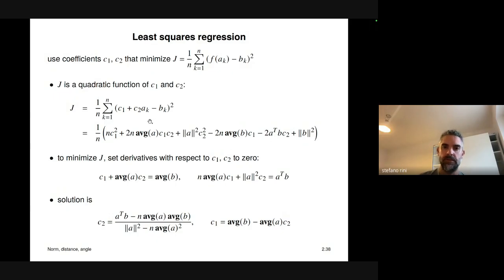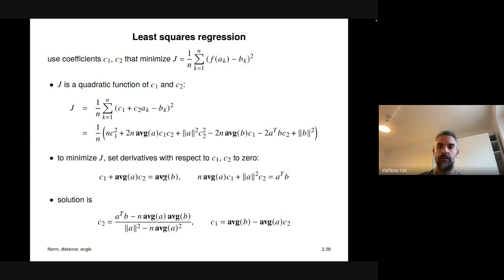And when you do this, you see that the average of A appears, the average of B appears, and then we have the cross terms. We have the A k times the B k, and this is the inner product, A transpose B. Okay, so in a sense, we see that the mean of one vector appears, the mean of the other vector appears, and a correlation.